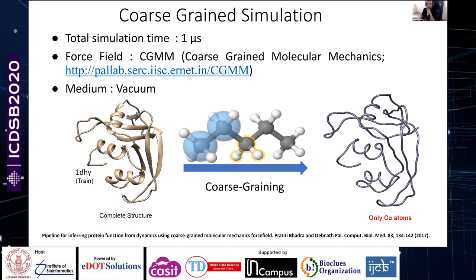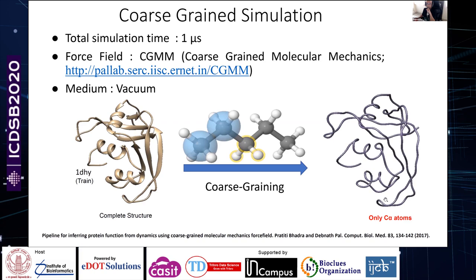So what do you mean by coarse graining? When you do coarse graining, essentially it means that you replace the protein molecule, each residue, with some pseudoatom. And based on these pseudoatoms, you can represent your protein.